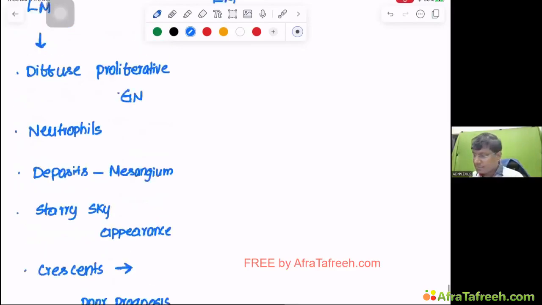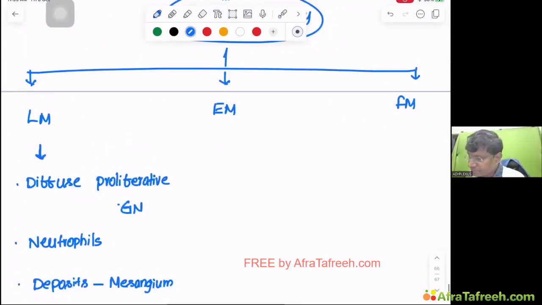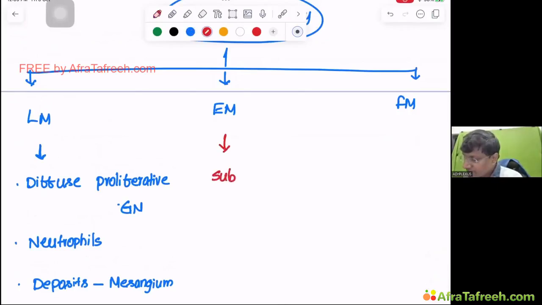Then followed by that, the electron microscopy. Electron microscopy will show you the presence of subepithelial electron dense deposits.